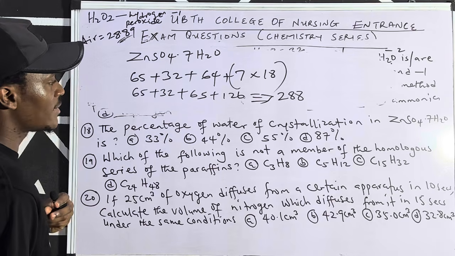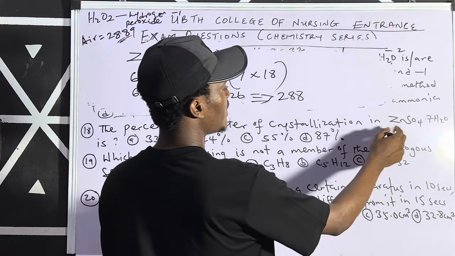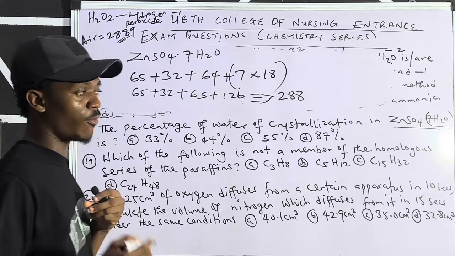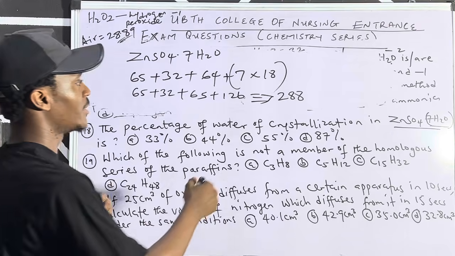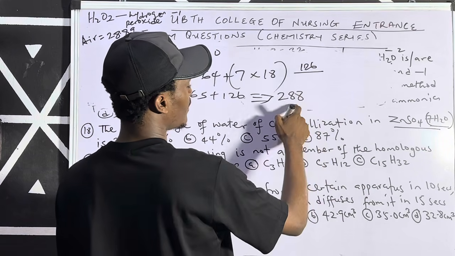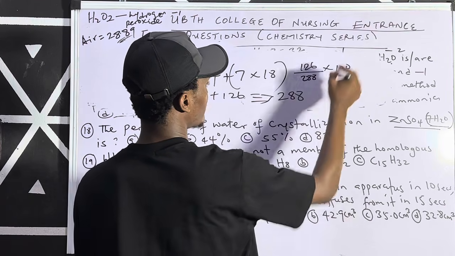Then to obtain the percentage, because they said the percentage of water of crystallization in this, this is the relative weight of water of crystallization in the compound. And of course, we obtained 126. So it becomes 126 over the entire weight of the substance being 288, then times 100.